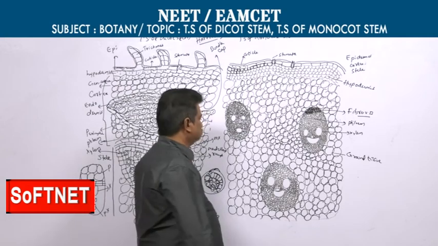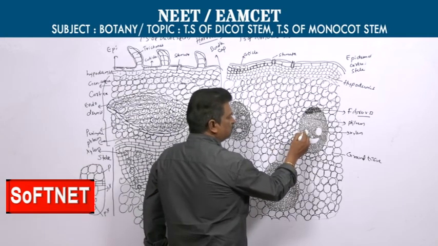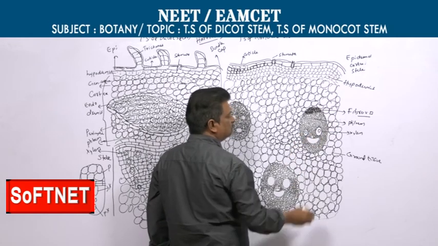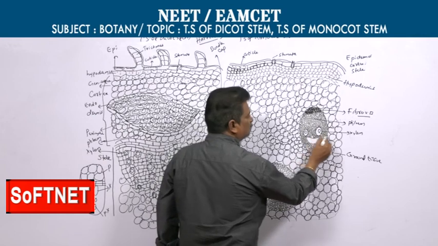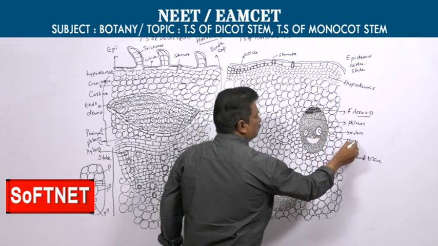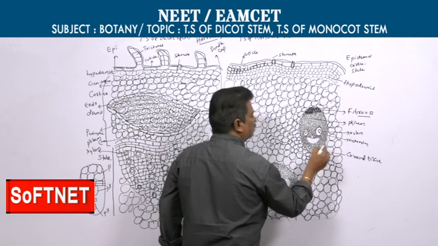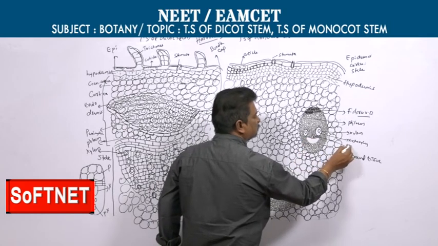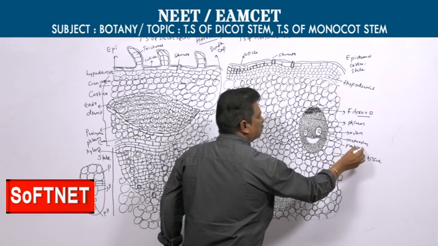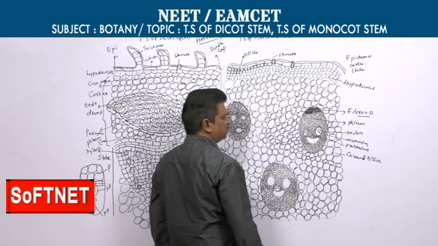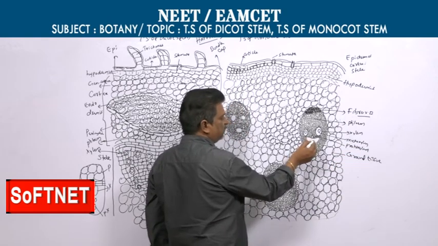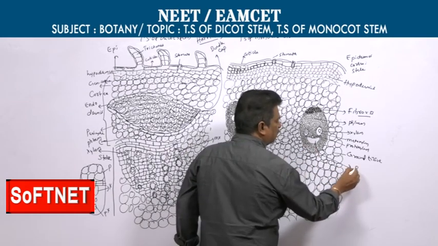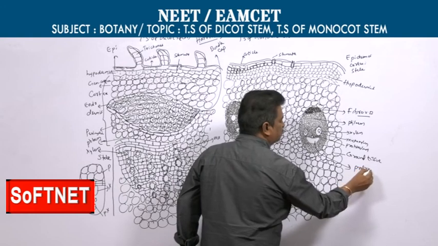Among xylem, in monocot stem, the xylem contains few xylem vessels. Generally, 2 metaxylem and 2 protoxylem vessels are present. Some of the protoxylem vessels degenerate and form a cavity.